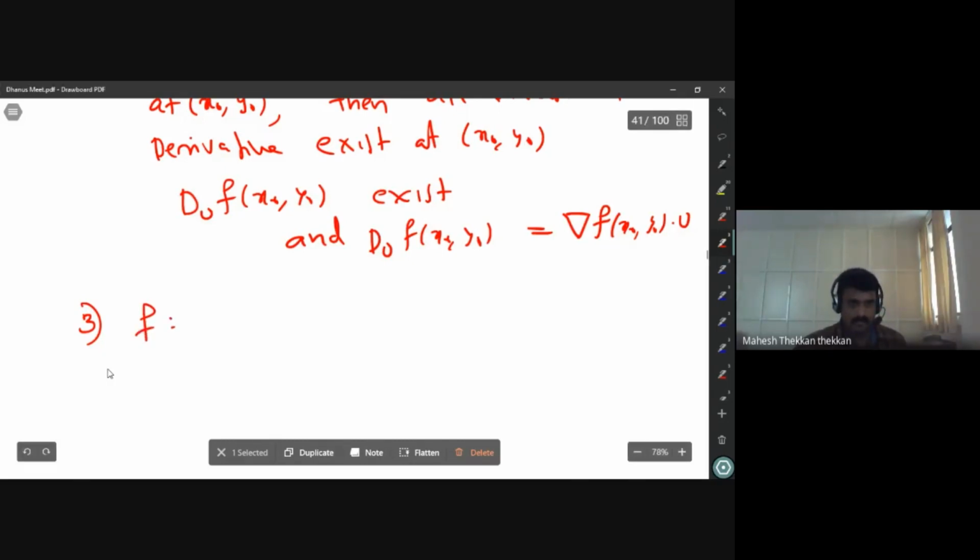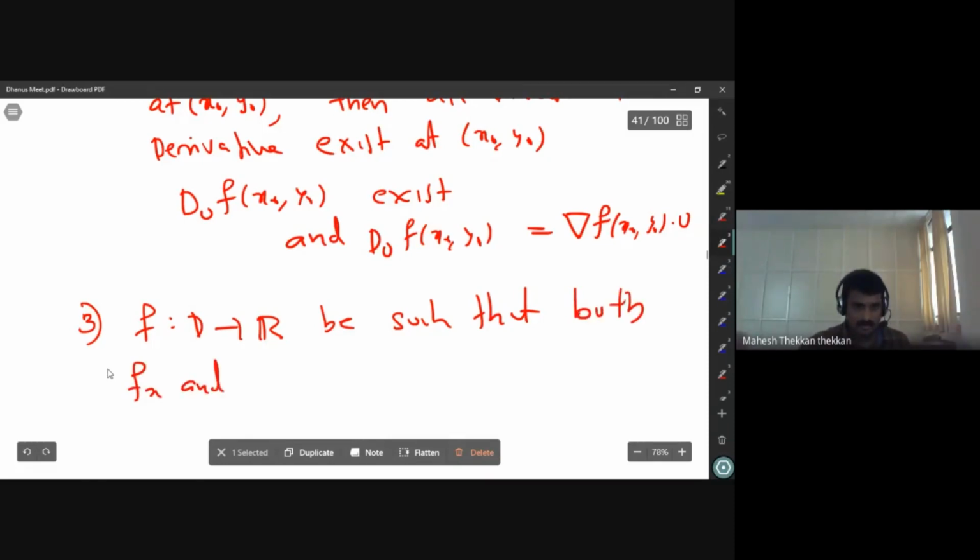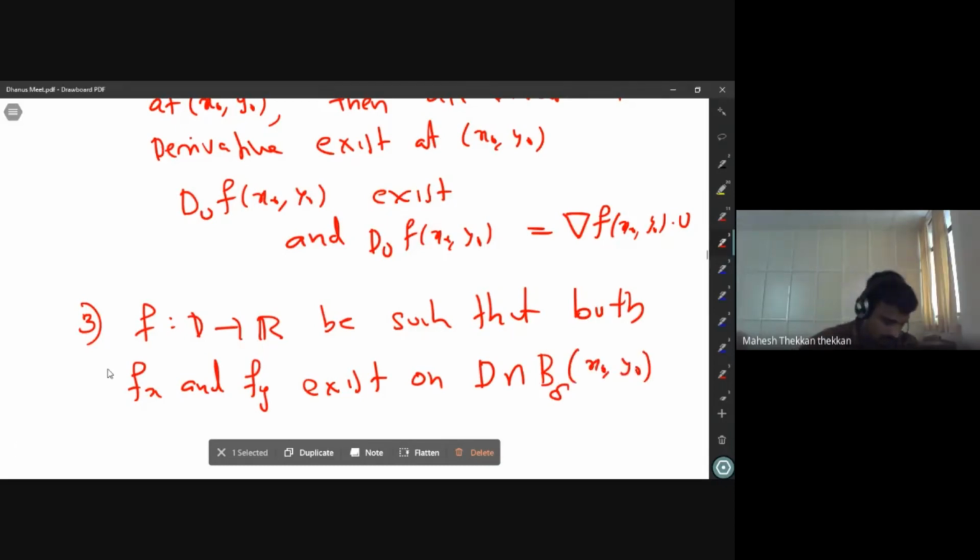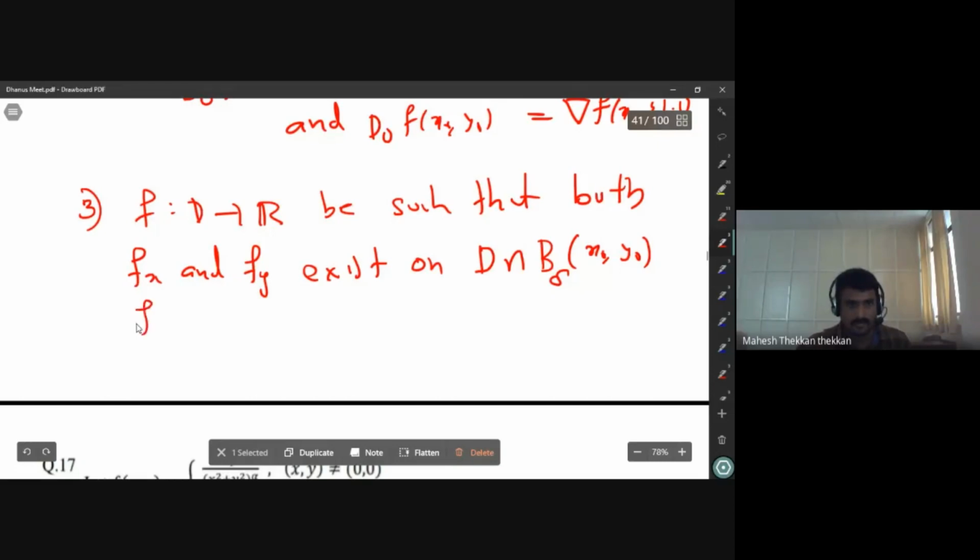So f from D to R is such that both fx and fy exist on some neighborhood, D intersection some ball B delta of x naught, y naught, for some delta positive.